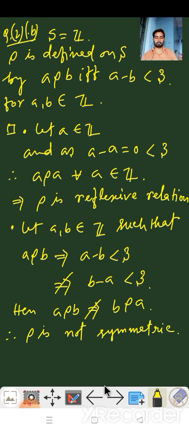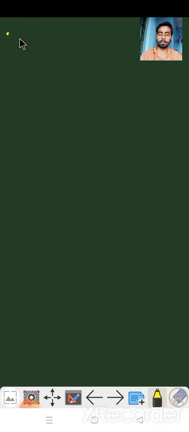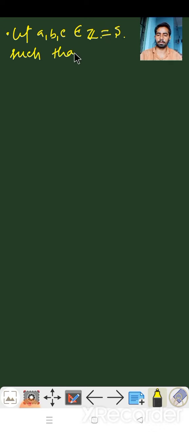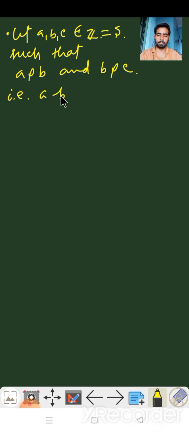Now we will check whether the relation rho is transitive or not. Let a, b, c belong to Z, which equals S, such that a is related to b and b is related to c. That is, a minus b is less than 3 and b minus c is less than 3.